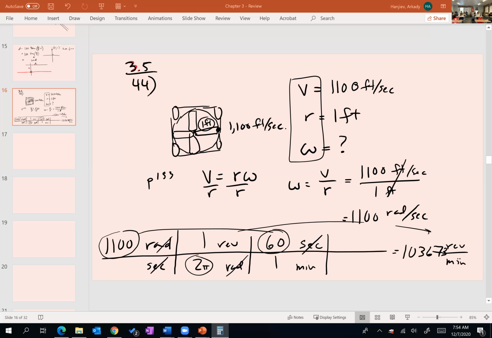All right, let's talk about it here. I have 1,100, and I'm going to multiply this out, times 60. That gets me 66,000. I'm going to divide by 2, at least this part. That should get me to 33,000. And 33,000 divided by pi, with 3.14, should be about 10,000. Now I just did it and got 10,504, but I don't know what I did differently.